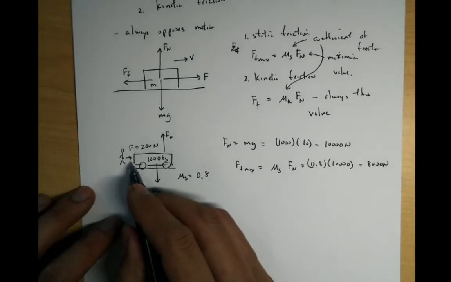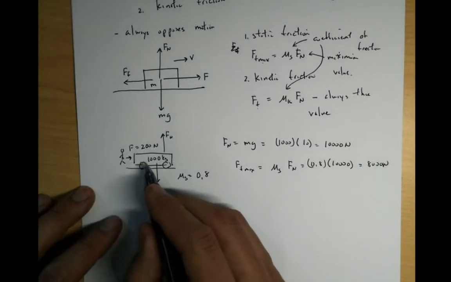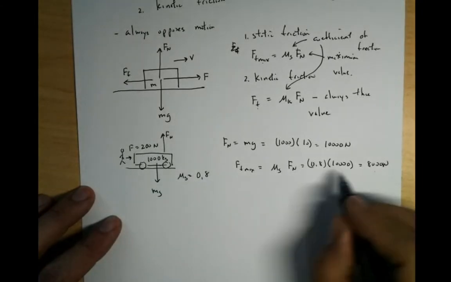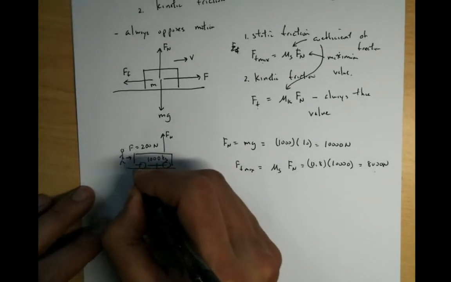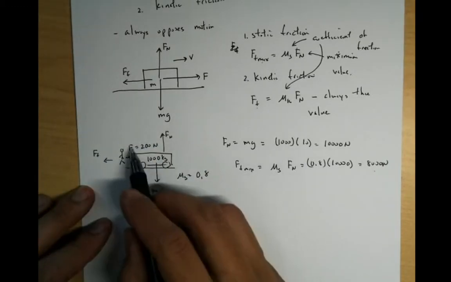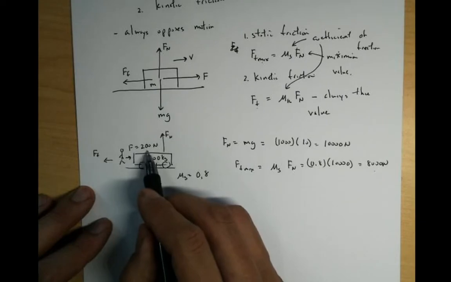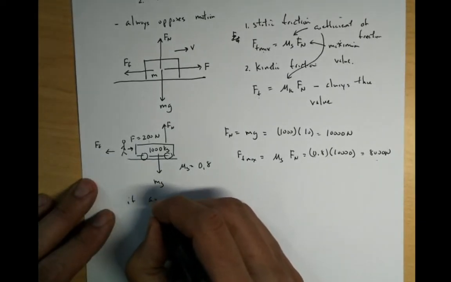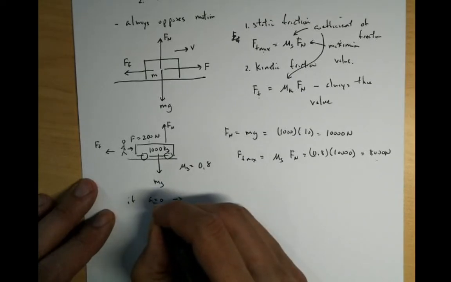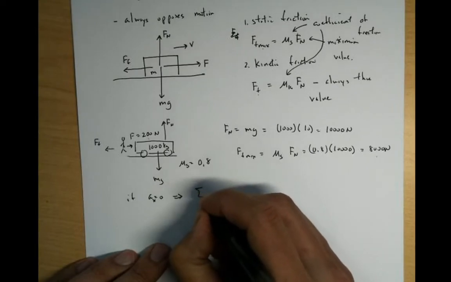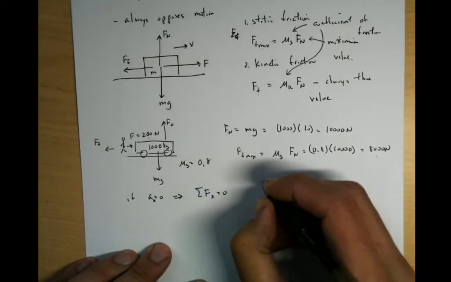If I push on the car and it is not moving with 200 newtons of force, it cannot push back with this maximum force. It actually pushes back with a force that exactly matches mine. So in this case, a_x equals 0, which implies that the sum of the forces in the x direction equals 0.